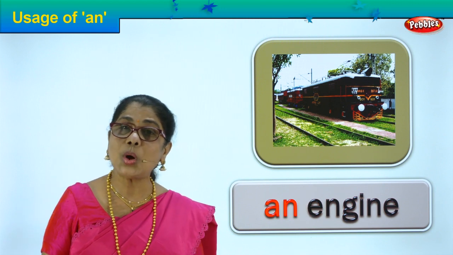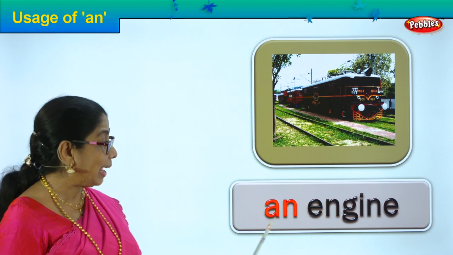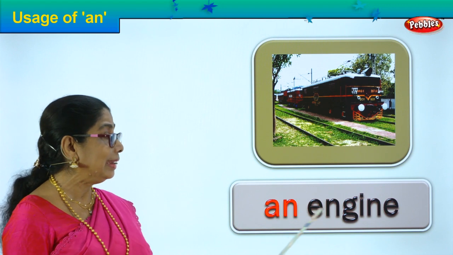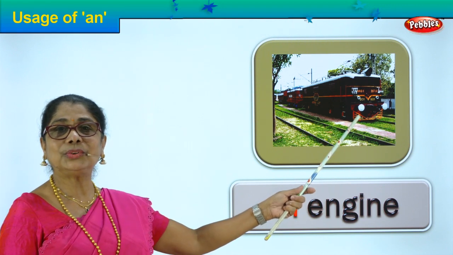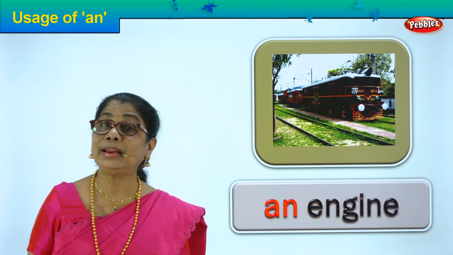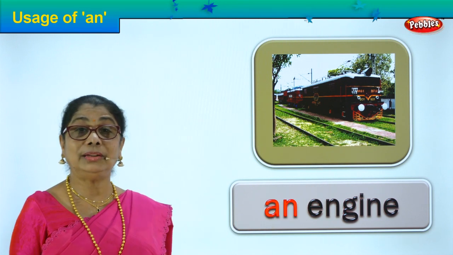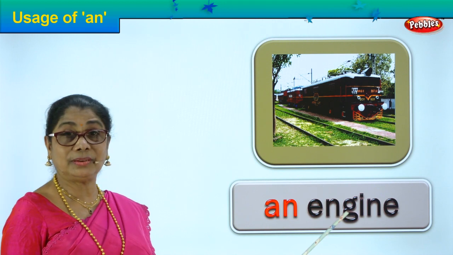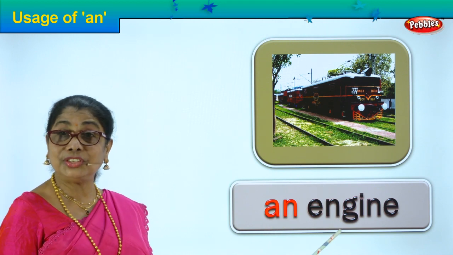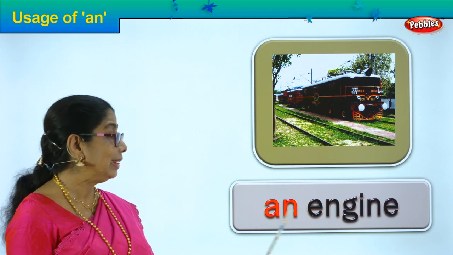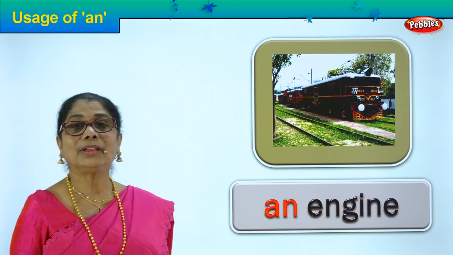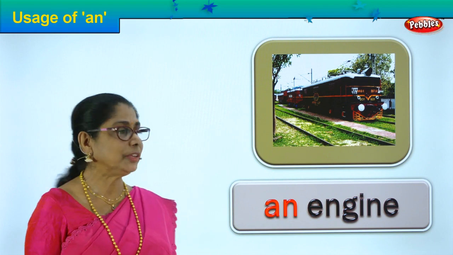In front of the word engine, we use an. Now read. An engine. An engine is attached to the train so that it can pull the train to any long distance. An engine has an engine driver. Good. Let's go to another picture.